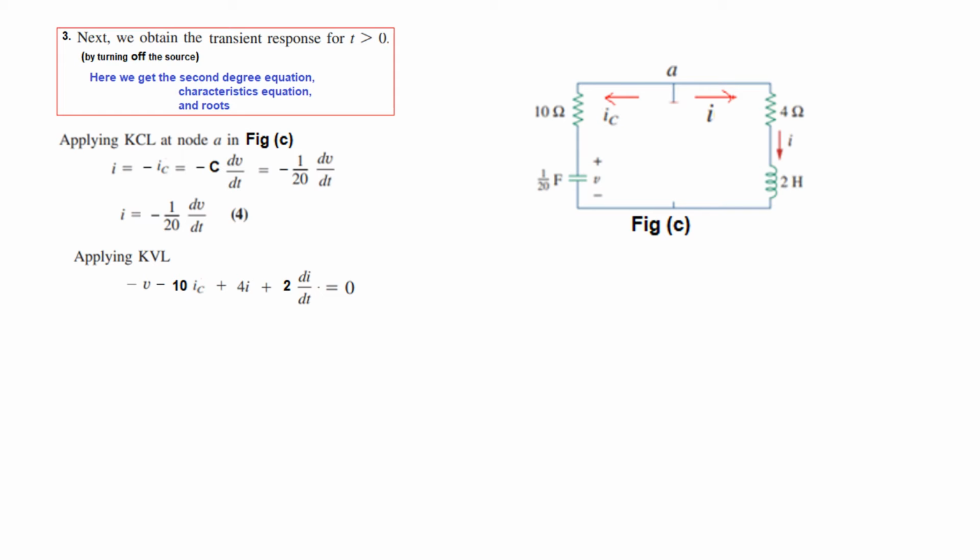So we'll write negative 10 IC, and then going from here, this current touching here first, so this will be positive, and the other side negative. So we'll write positive 4I, and then positive 2 di/dt, that is L di/dt. So the voltage VL is L di/dt, so we are writing 2 di/dt.